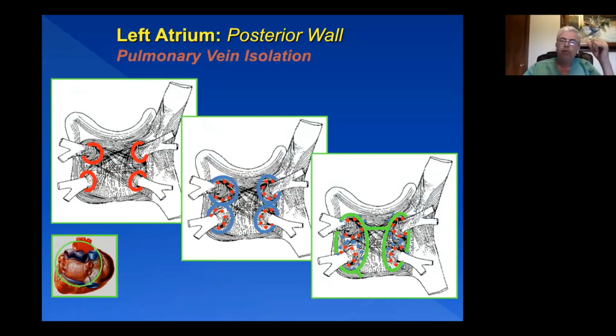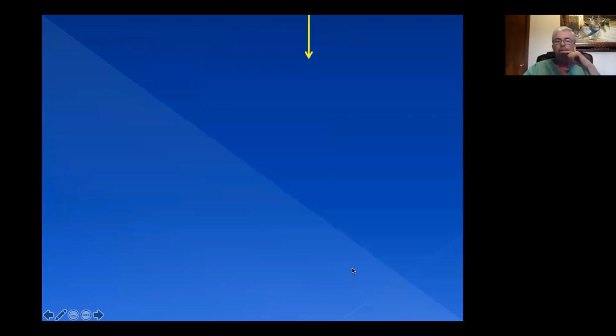And then we moved from each vein being circled to circling both veins at the same time, staying away from the openings and having a minimum to no chance of causing stenosis of the pulmonary veins. And actually, in our experience doing thousands of cases since 2004, we have not had a single vein occlusion. And that's the current approach. We go circle all veins, regardless of the type of atrial fibrillation, and we can draw other lines if we need to.